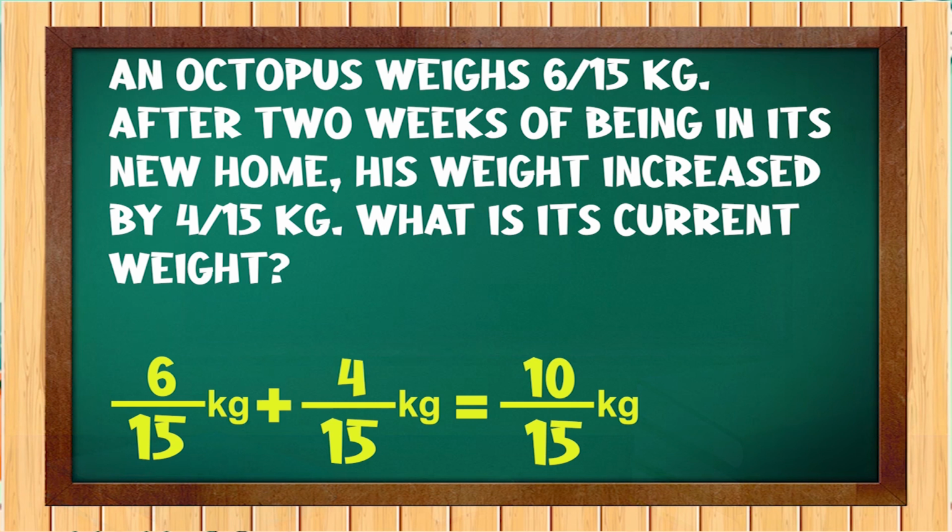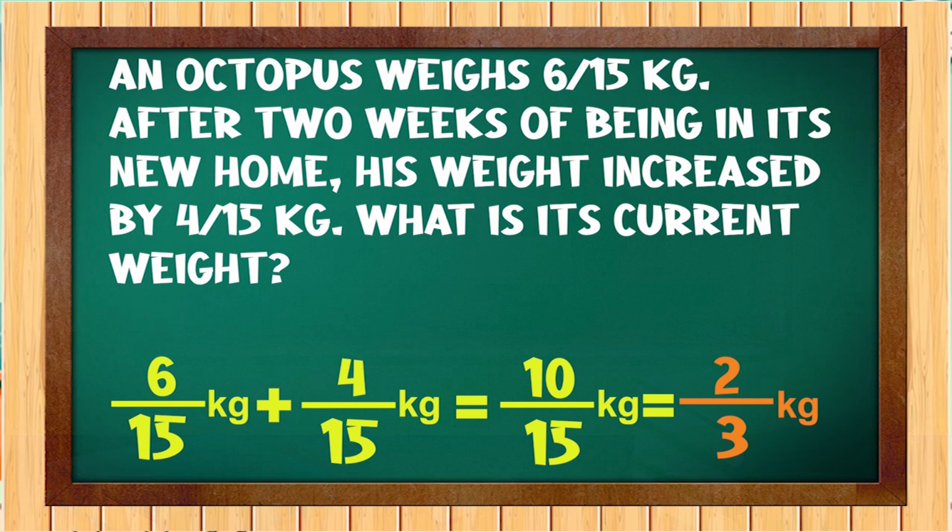Look at the two numbers. What can divide both 10 and 15 without leaving a remainder? Did you say 5? Well, that is correct. 5 into 10, 2. 5 into 15, 3.